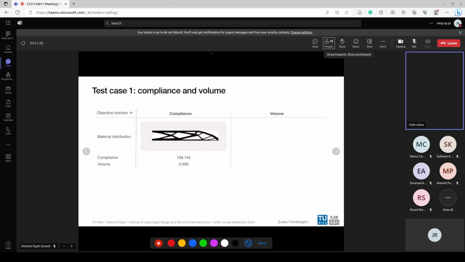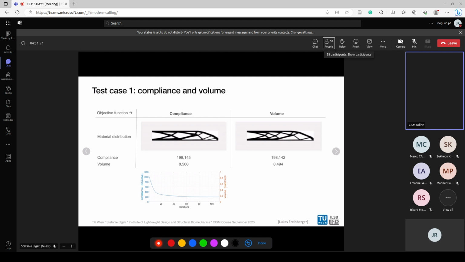The minimal value of the compliance that was obtained was 198.145, and the volume constraint was 0.5, and this constraint is kept here. Those are the iterations of the optimization, and then instead, if one minimizes the volume, you see the overall structure is similar, but here, for example, you get a different pattern as compared to here.